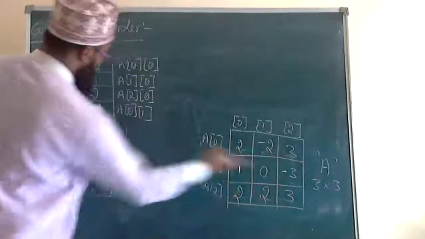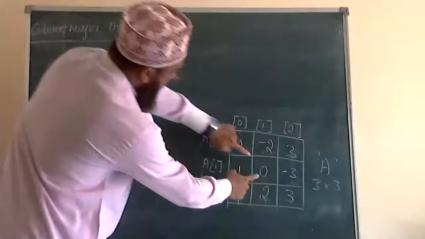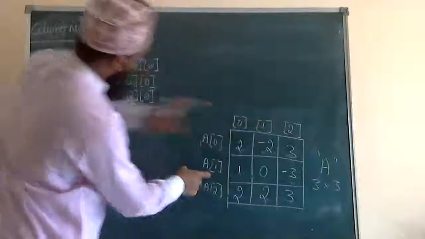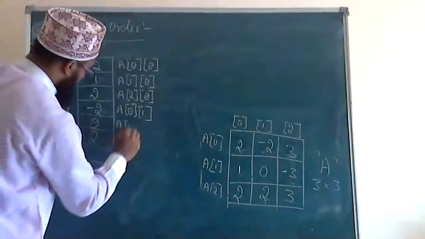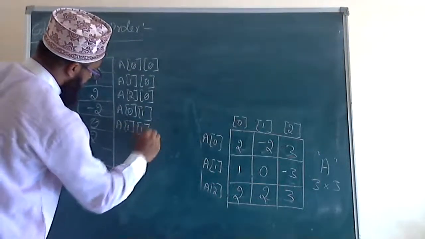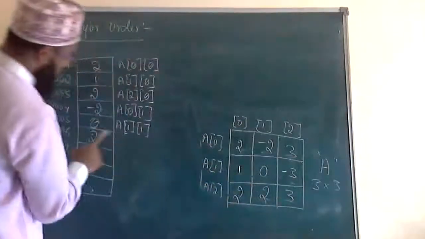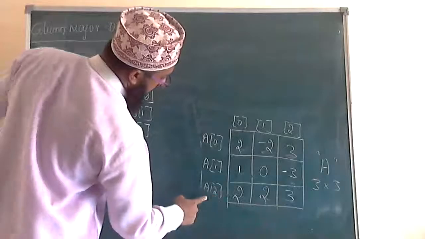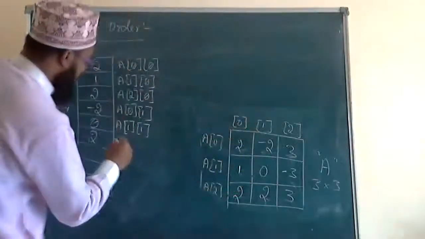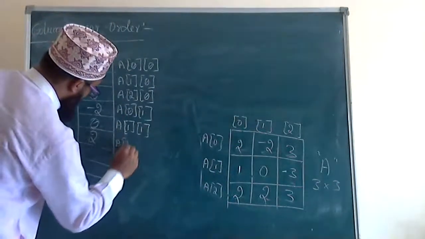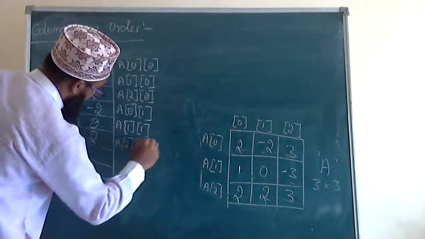Okay, this 0 is stored here. So for this 0, take a of 1, 1, a of 1, 1. Okay, then 2, this 2 is stored here. For this 2, take a of 2, 1, a of 2, 1.